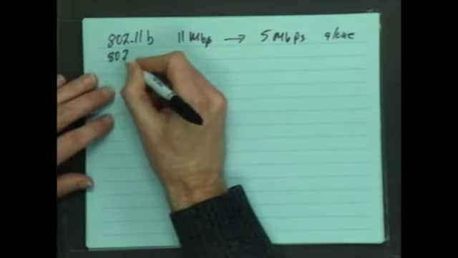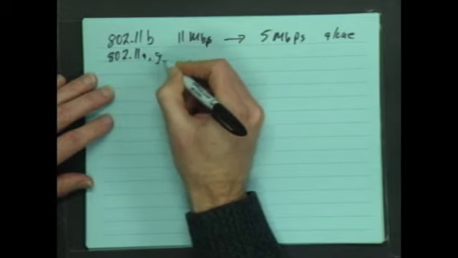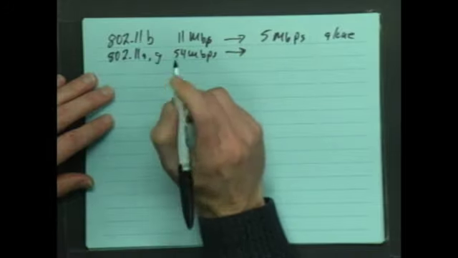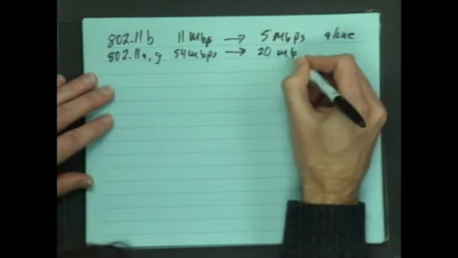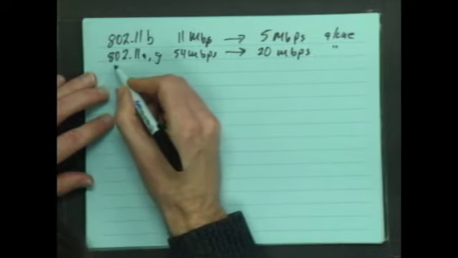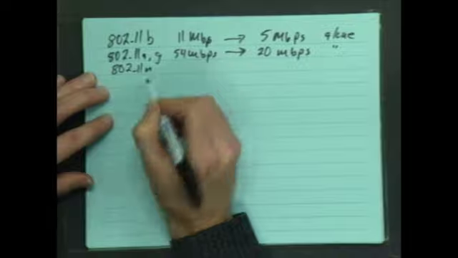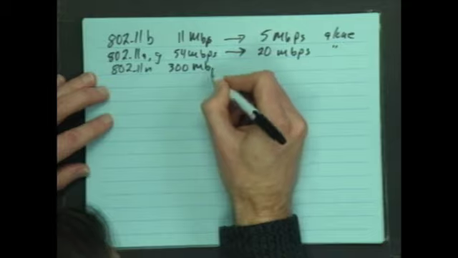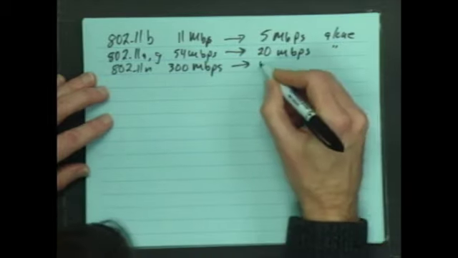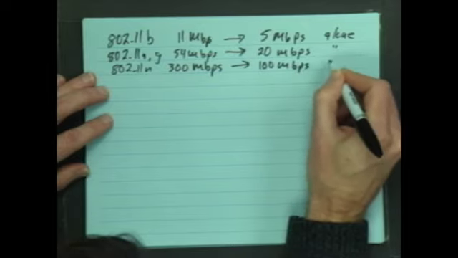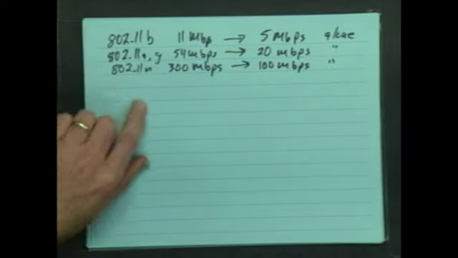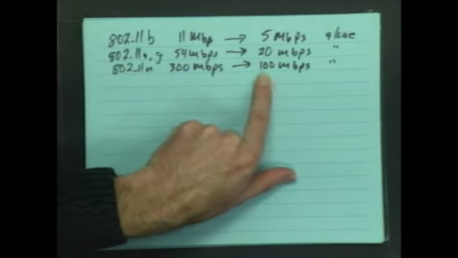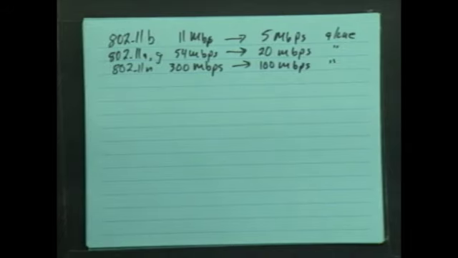On 802.11a and g, which were rated at 54 megabits per second, if you're alone, you can normally get about 20 megabits per second. And on 802.11n, you should be able to get up to 300 megabits per second, but generally there you only get about 100 megabits per second, even when you're just alone. 802.11ac, the max speed is 600 megabits per second, and you can probably get 300, probably about 250.